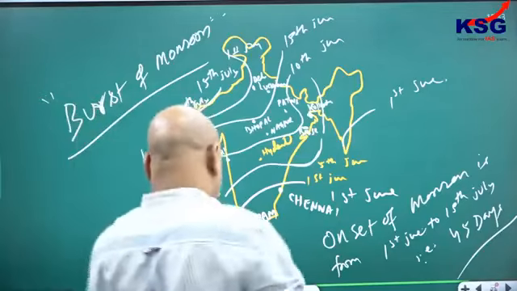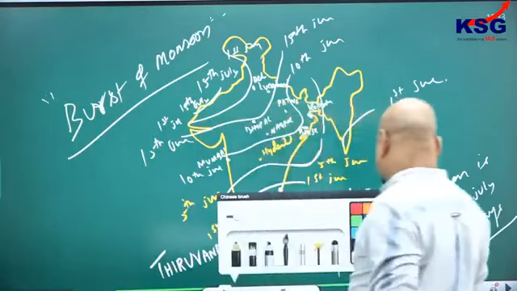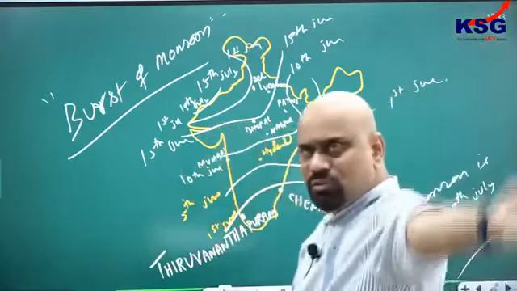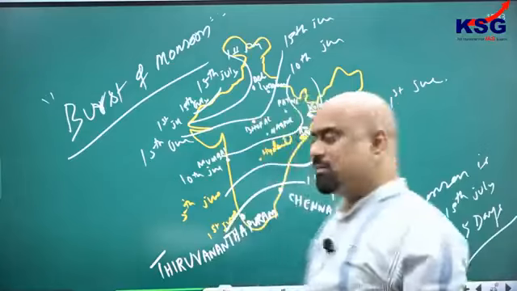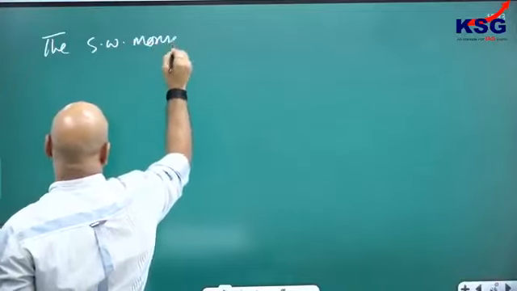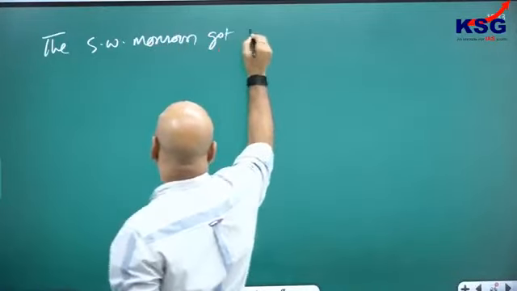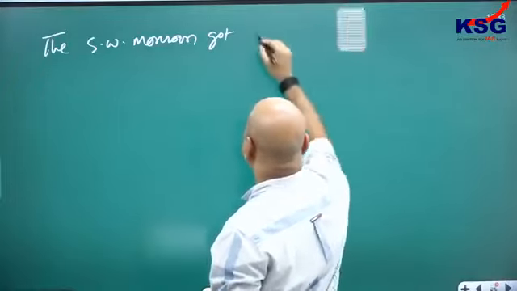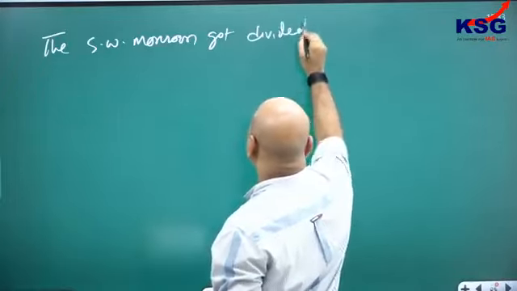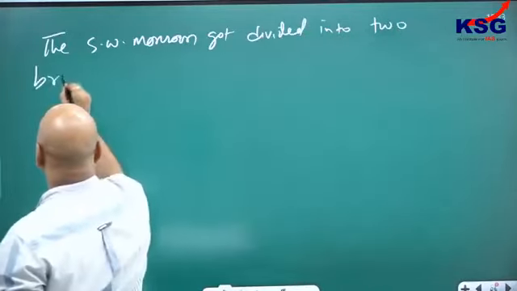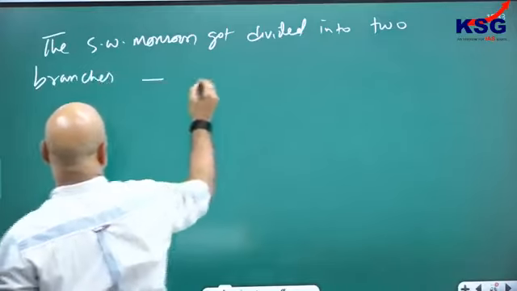Now it branched up into two parts, I said. One branch is your Bay of Bengal branch, another is Arabian Sea branch. Note down here. The southwest monsoon got branched off or got divided into two branches. क्या क्या है?